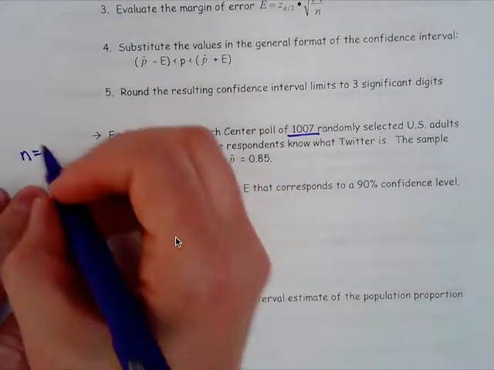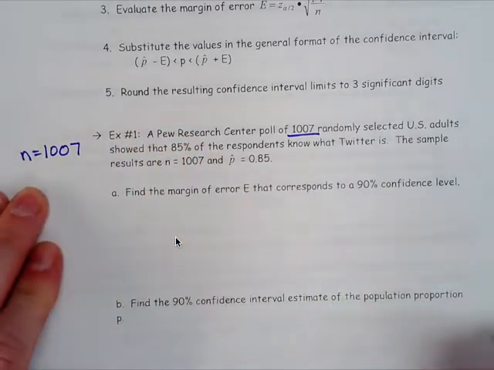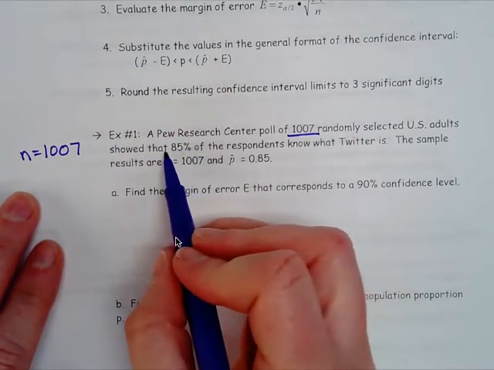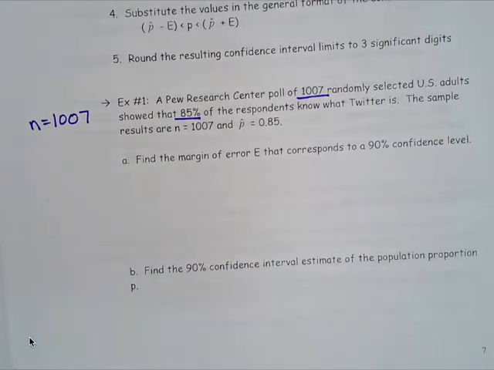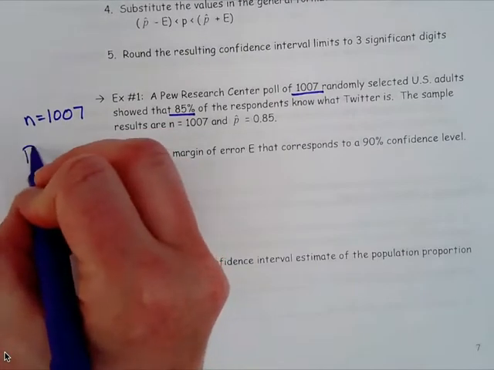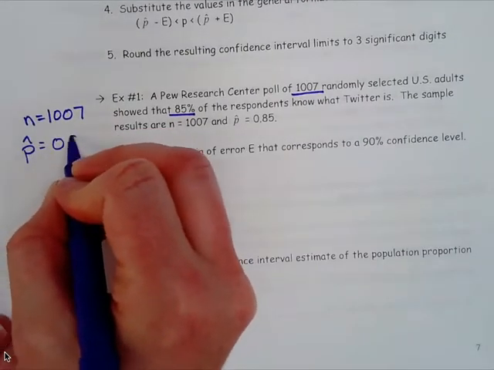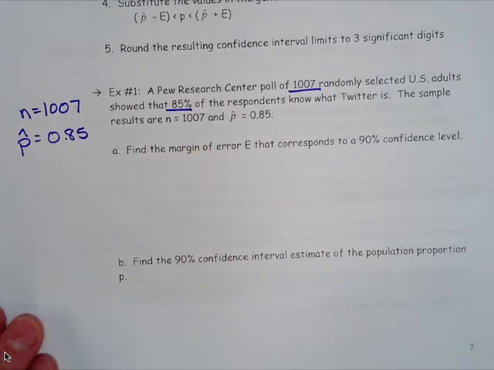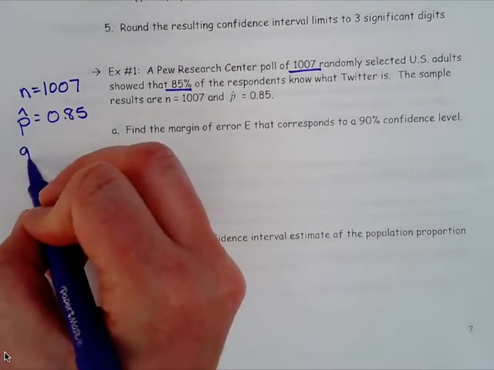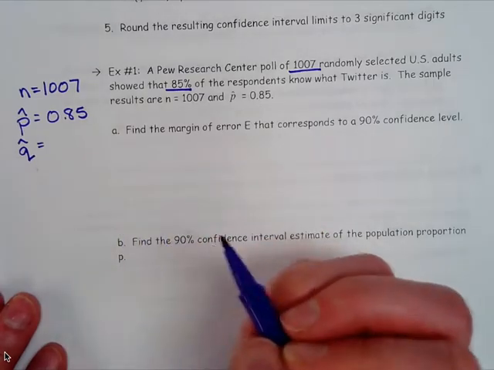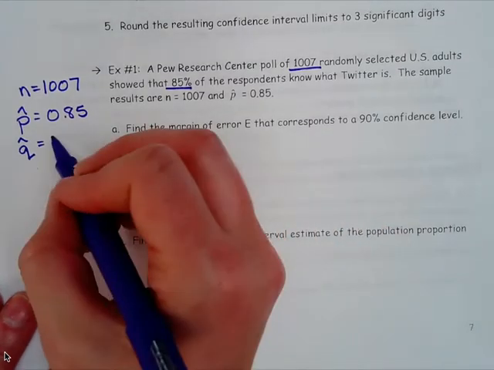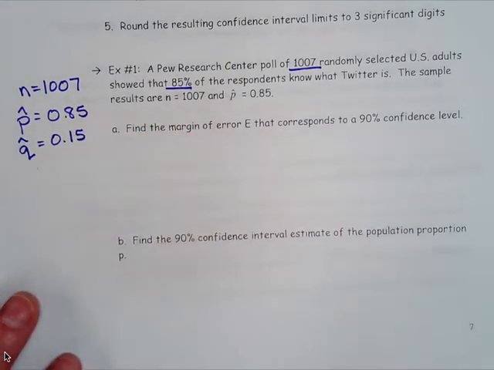Okay, so N is 1,007. P hat is our proportion that we're given, so 0.85. Q hat is going to be the complement of 0.85, so 0.15.